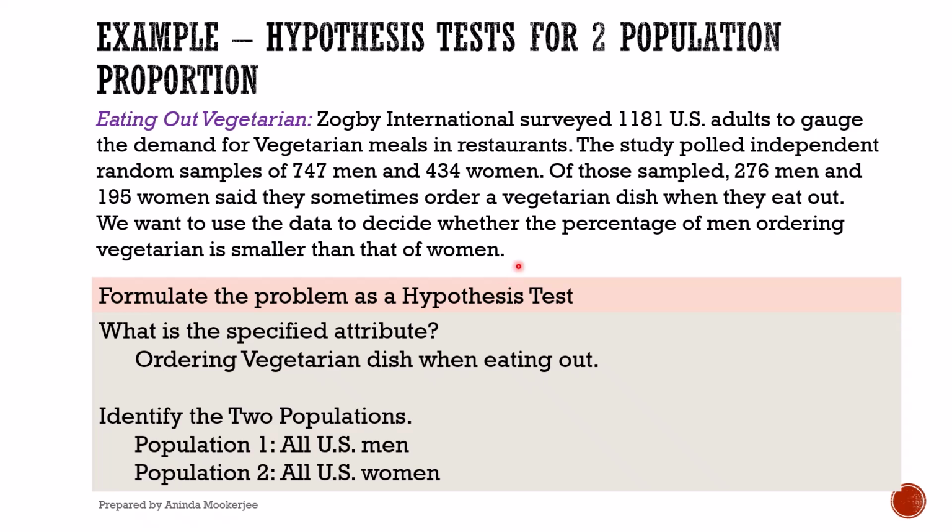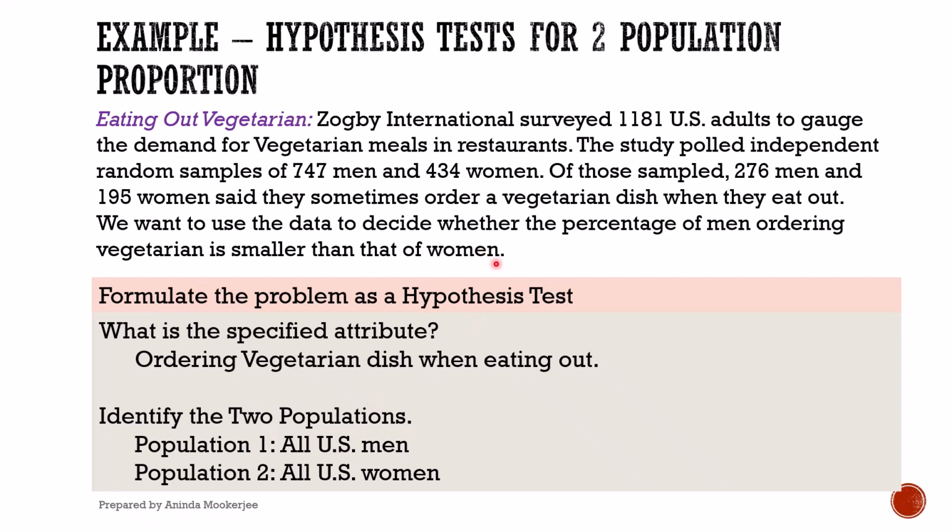So here, what is the study about? The study is to determine the demand for vegetarian meals in restaurants, correct? And not just vegetarian meals ordered by the general population, but there are two populations. They want to know the proportion of men ordering vegetarian meals versus women ordering vegetarian meals.